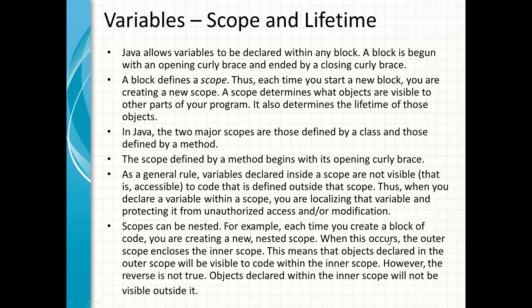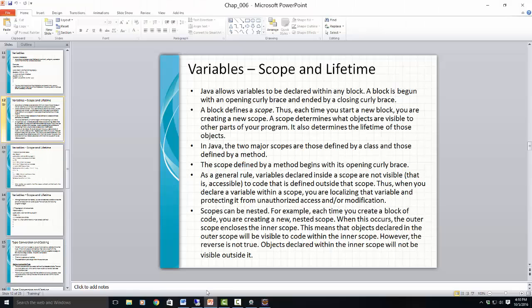Now the outer block is basically the parent, so the outer scope encloses the inner scope. This means that objects declared in the outer scope will be visible to code within the inner scope, but vice versa is not possible. The reverse is not true. Objects declared within the inner scope will not be visible outside it.